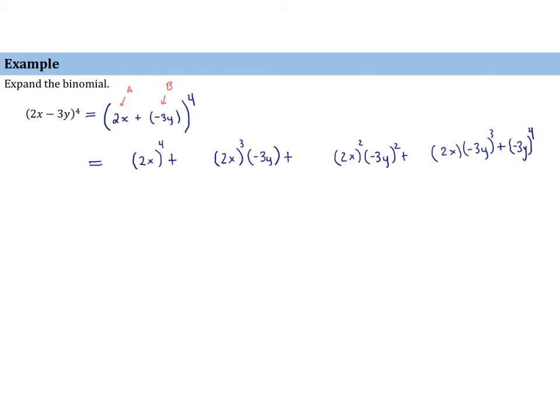Now we go back and look at the coefficients. So to obtain this coefficient, we need to take the previous exponent on our a, our 2x, and multiply by the coefficient and divide by which term this is. So 4 times the coefficient of 1 divided by 1 is 4.